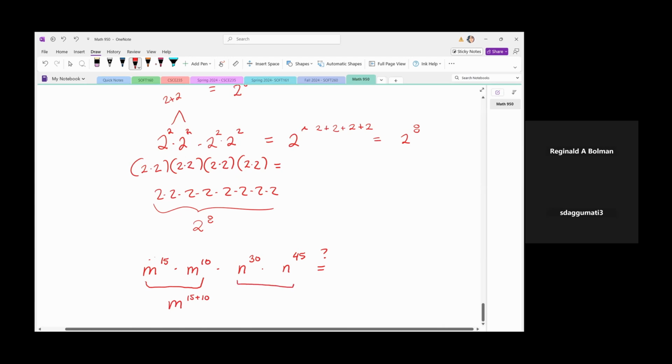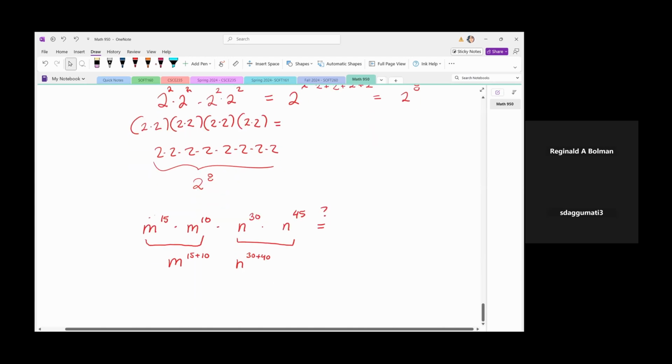And I also may look at the n to the 30th times n to the 45th, and because they're the same base, I may add the exponents, 30 and 45 together. 15 plus 10 is, of course, 25. 30 plus 45 gives me 75. So my answer is m to the 25th, n to the 75th.